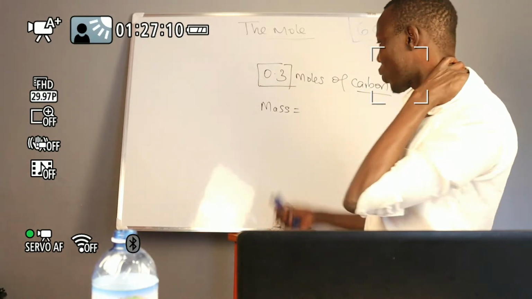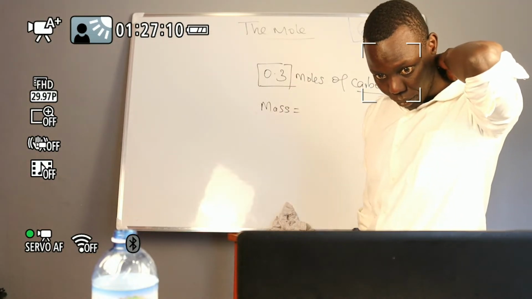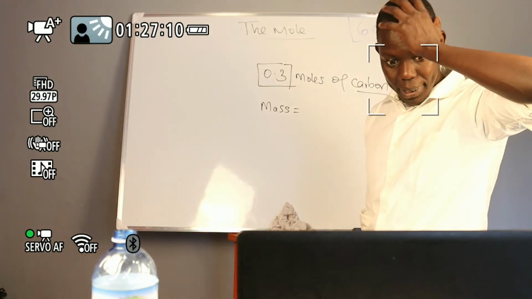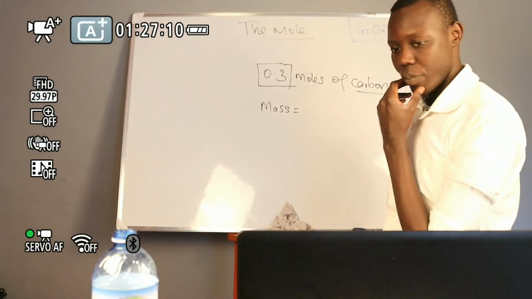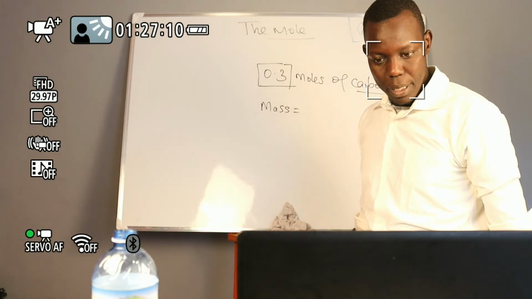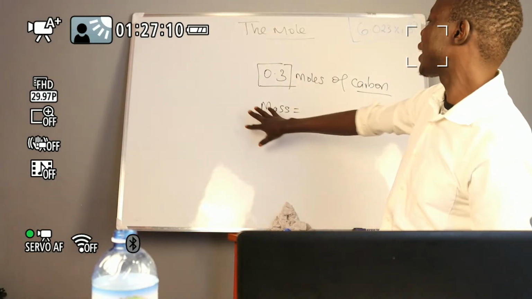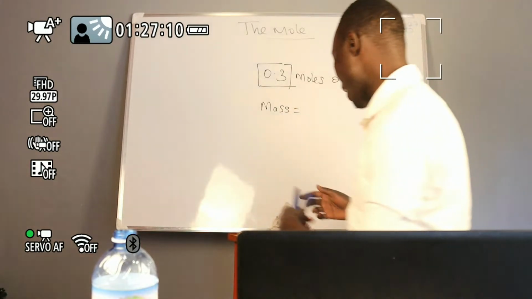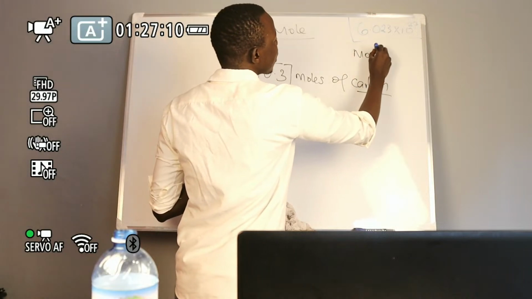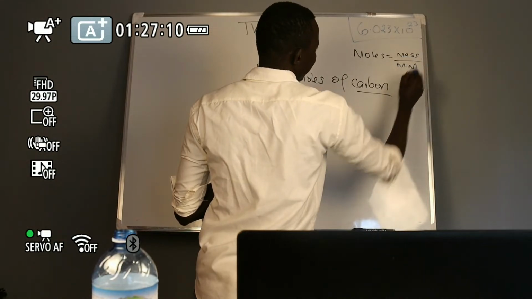Anybody else who is still working on this? What could be the mass? Because of time, and also because I've gotten a response: if you haven't grasped how mass is given, you go to the side first. You say the teacher said if you want to calculate moles, it is mass over molar mass.